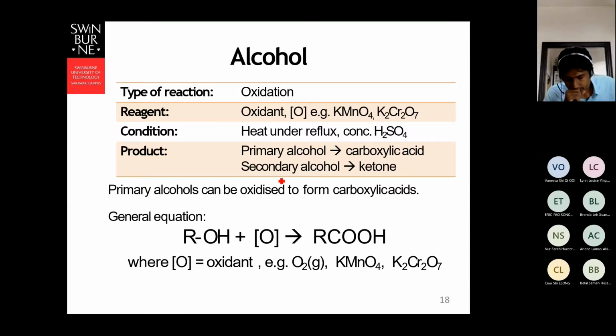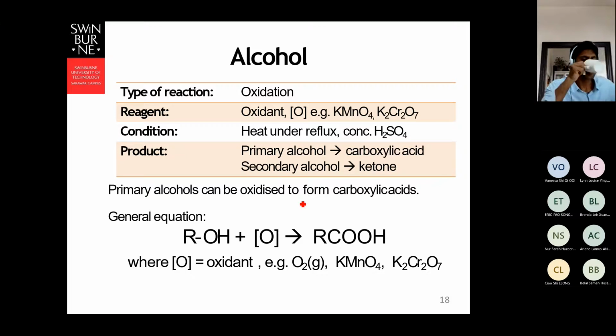We already know the difference between them. Tertiary alcohol does not change the color of potassium dichromate or potassium permanganate, right? Only first degree and second degree alcohol will do the reaction or change the color of the reagent.